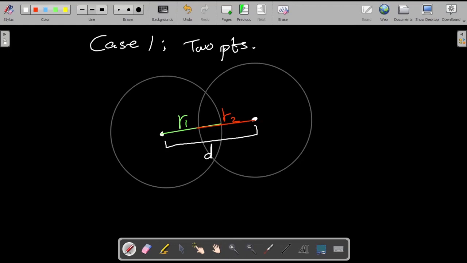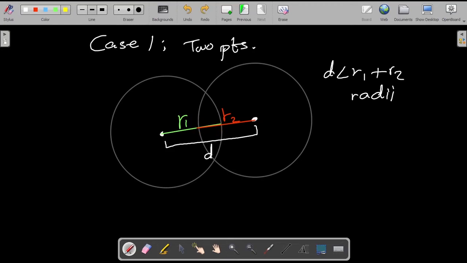This is an important quantity, because when we have 2 points of intersection, we expect this D to be less than the sum of the individual radii, right? Which is the plural for radius. Because if you look at the radii of these two circles, they actually overlap, which means they are not fully stretched.